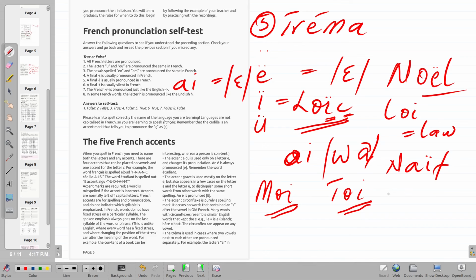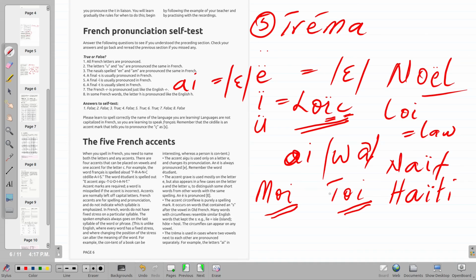Another example will be Haïti, which is the name of a Caribbean country. So instead of Haiti, this tréma helps us to pronounce this as I, E, Haïti. So that is basically what it is.